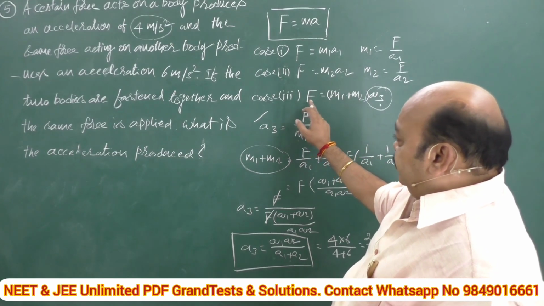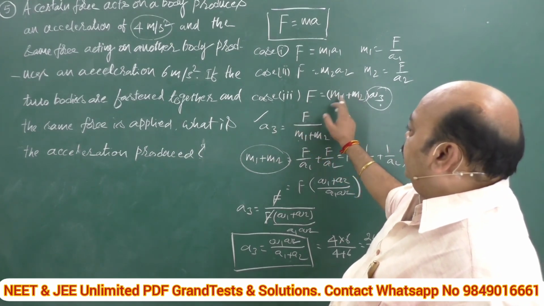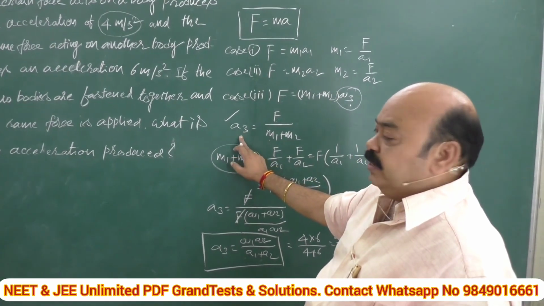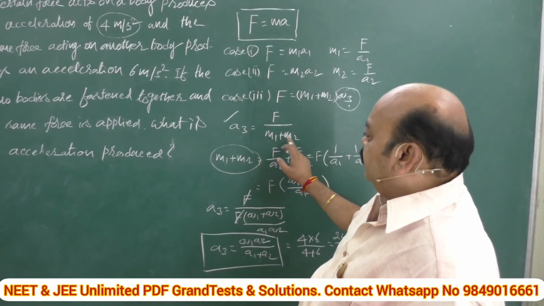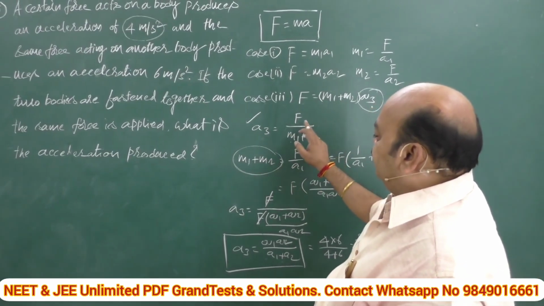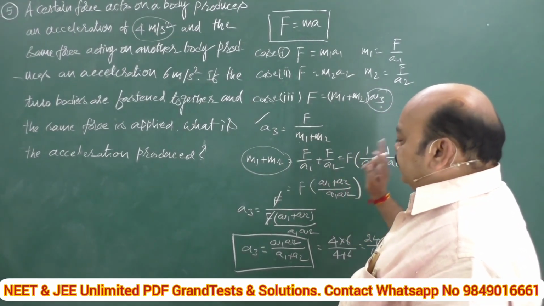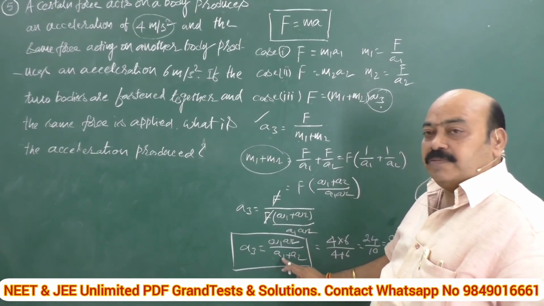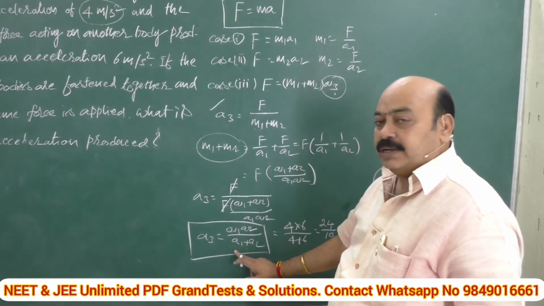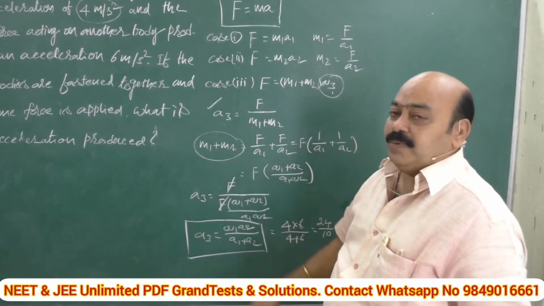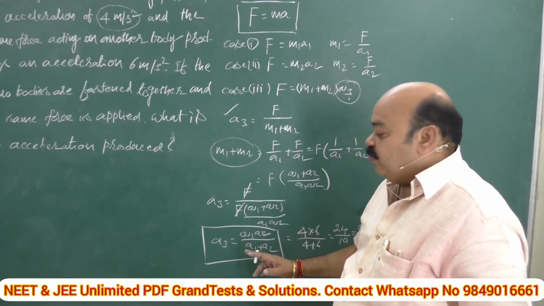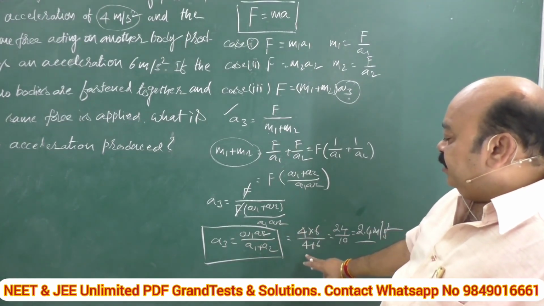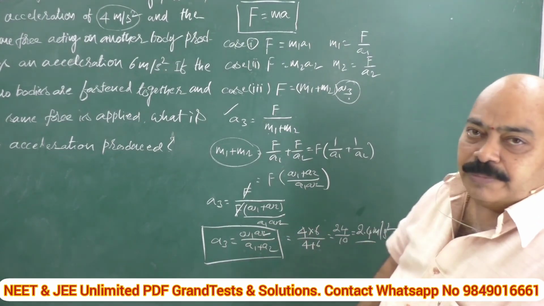In the third case, the same force is applied and the two masses are kept together, m1 plus m2 into a3. We have to find this a3, which is F by m1 plus m2. This m1 plus m2 is expressed in terms of force and acceleration, and on substituting these values, finally we get a1 a2 by a1 plus a2. It is a shortcut technique. When you find such problems, just shoot out with this shortcut technique, a1 a2 by a1 plus a2. 4 into 6 by 4 plus 6 is nothing but 2.4 meter per second square.